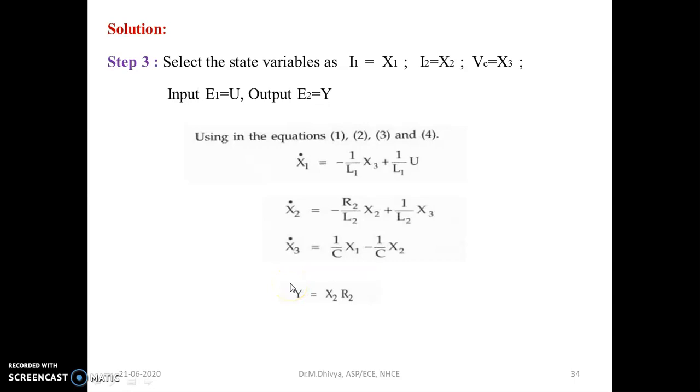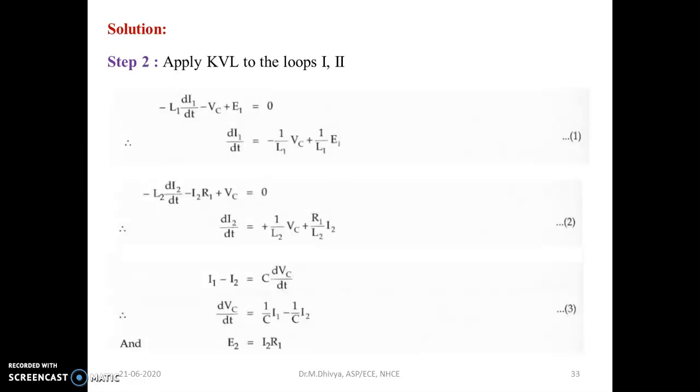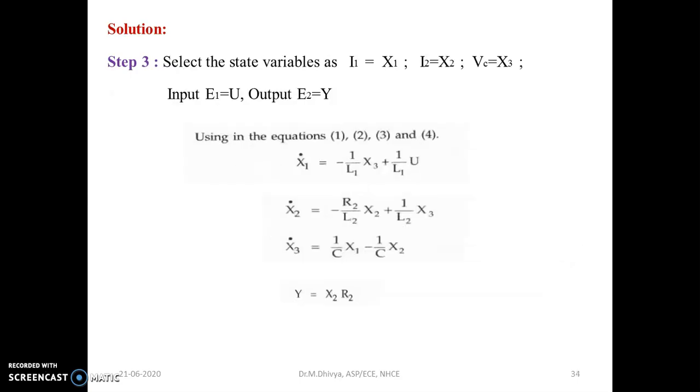Just correlate with the previous equations. Now substitute the state variables, output variable and input variable in equations 1, 2, 3 and 4. We get x1 dot is equal to minus 1 divided by L1 into x3 plus 1 divided by L1 into u. Similarly, x2 dot and x3 dot are obtained. The output equation is given by y is equal to x2 into R1.